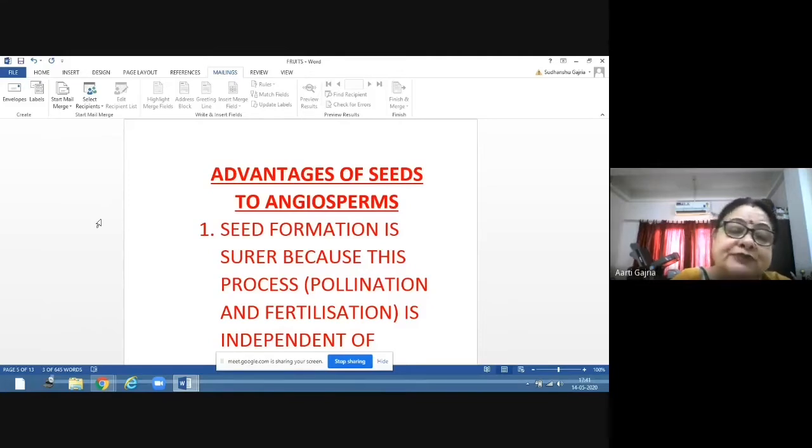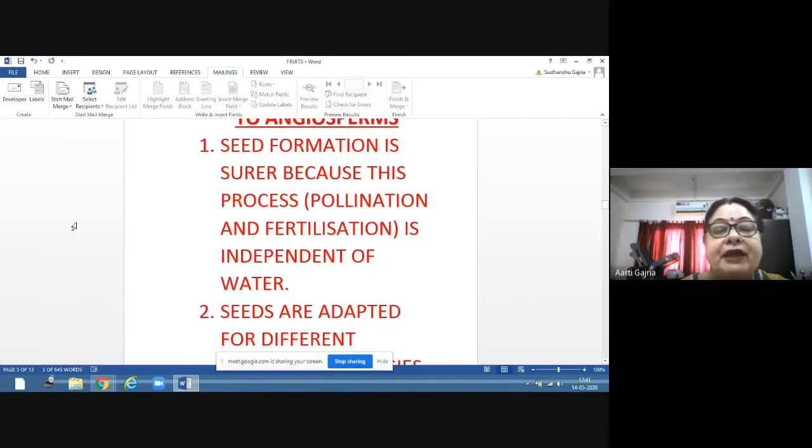Both these processes, pollination and fertilization, are independent of water. In certain cases pollination depends on water, and in some cases fertilization also depends on water, but in most cases these two processes are independent of water. So the surety of formation of seed is higher.